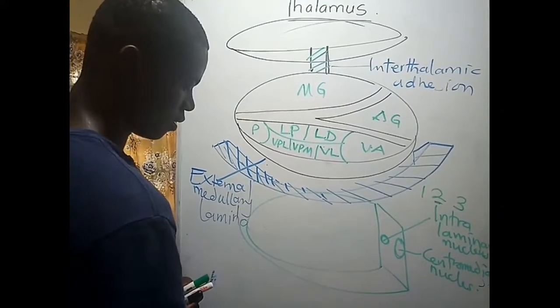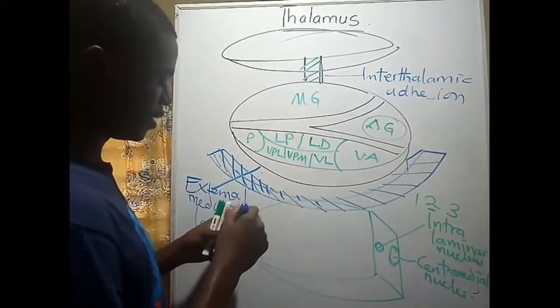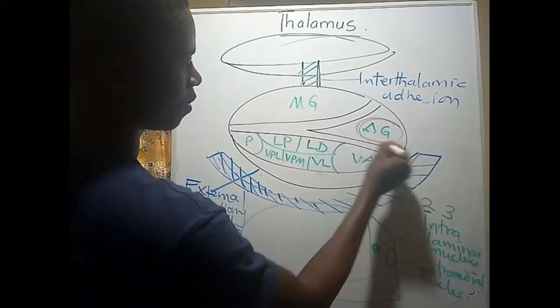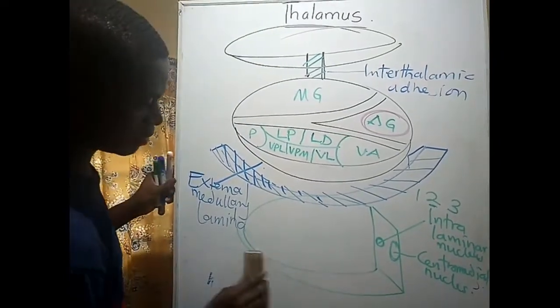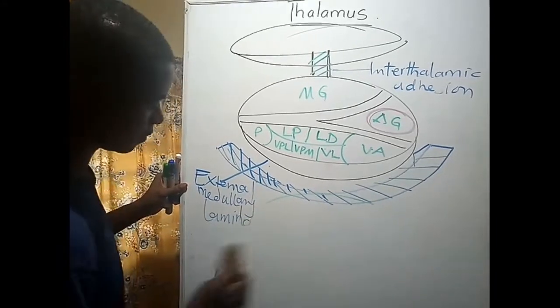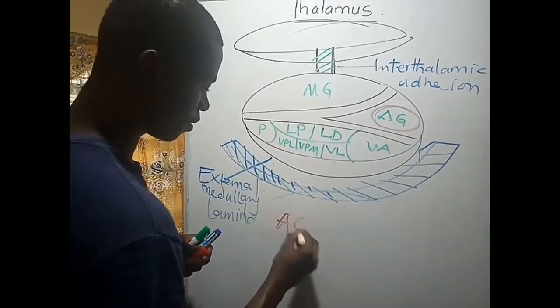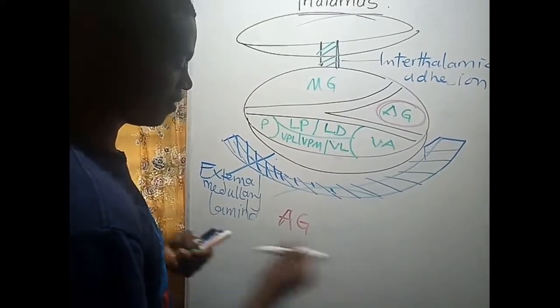So the anterior group has several portions. So let me just clean this structure here and then give space. For the anterior group, we have subdivisions.